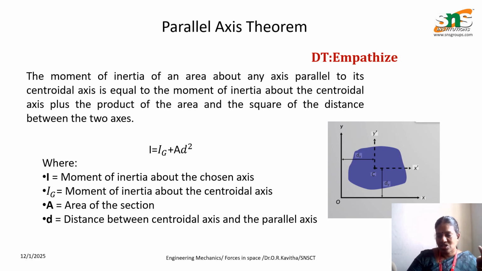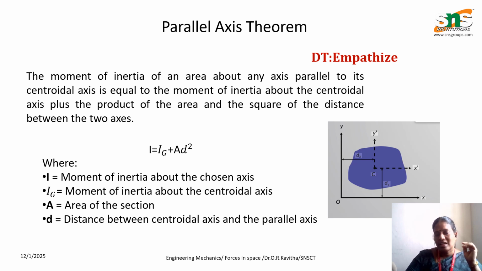In the previous session we have seen the formulas and methods for determining the moment of inertia. By using this, we find the moment of inertia of the given shape, and we add the product of the area of that body and the distance between the two axes.